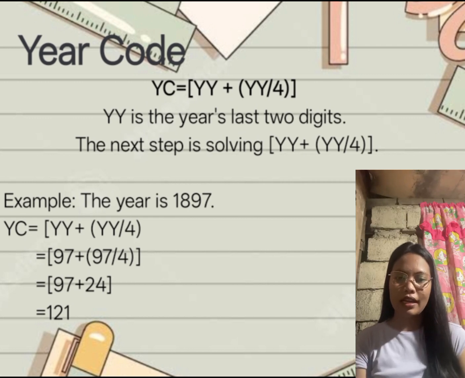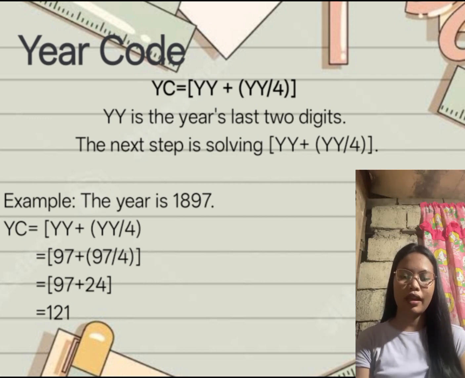We will have 97 plus 97 over 4. First, we divide 97 by 4, and we only get the whole number. So 97 over 4 is 24, and 97 plus 24 is equal to 121.